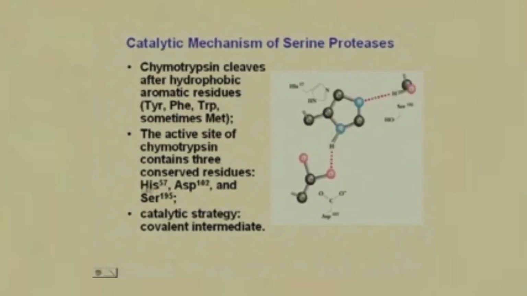So we have histidine 57, aspartic acid 102 and serine 195. And the catalytic strategy in this case is to form a covalent intermediate. But we have to remember that this covalent intermediate has to be broken down because we have to get the serine back to where it is.